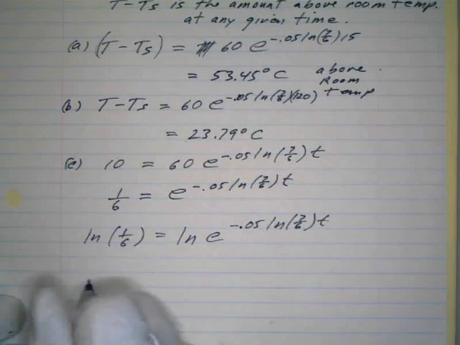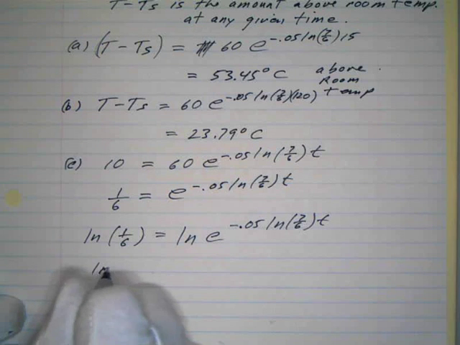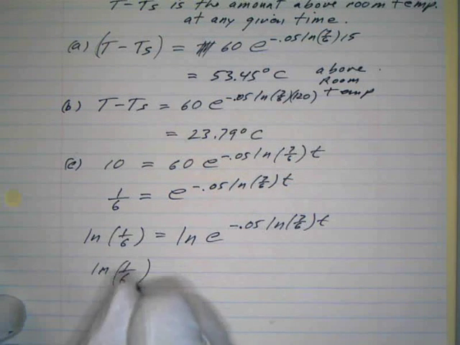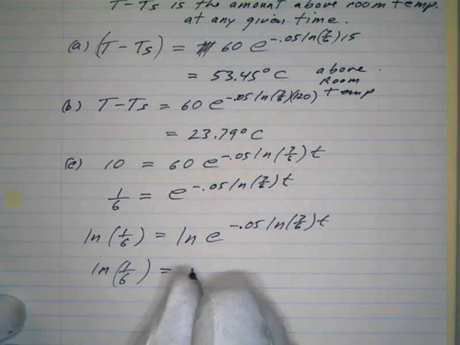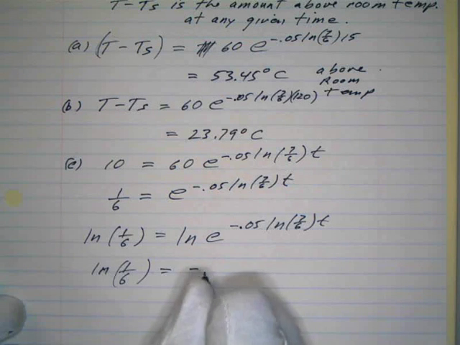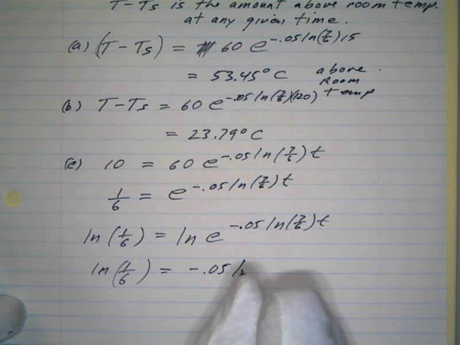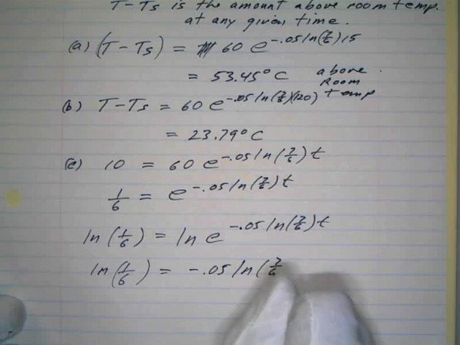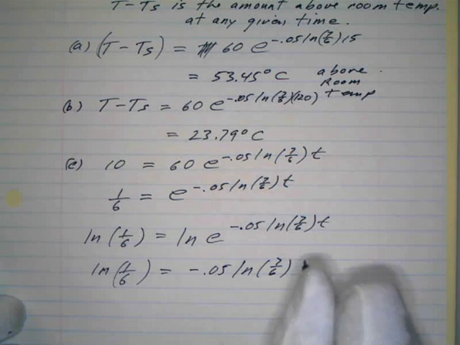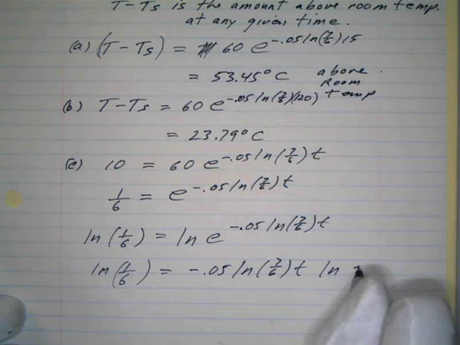Then I can bring that in front, so I've got the natural log of 1 over 6 equals negative 0.05 natural log of 7 over 6 t times the natural log of E, which is just 1.